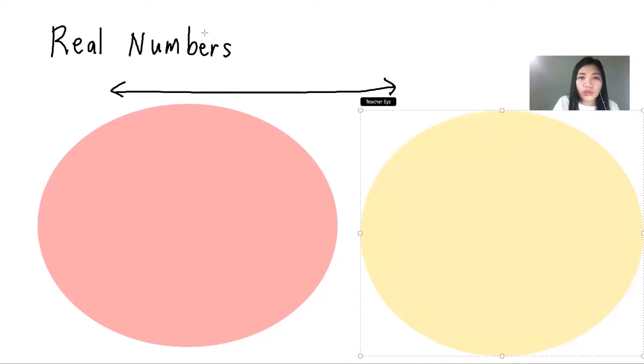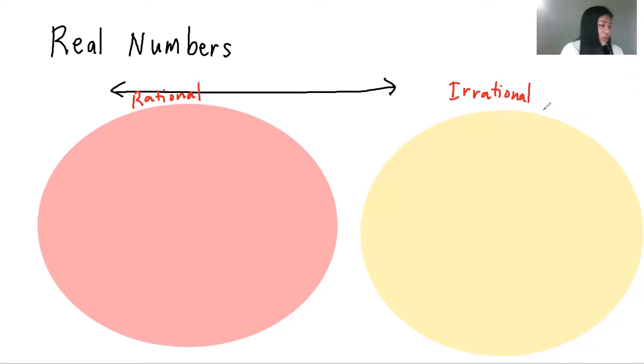The first one is identified as the rational numbers, and the other one is irrational numbers.